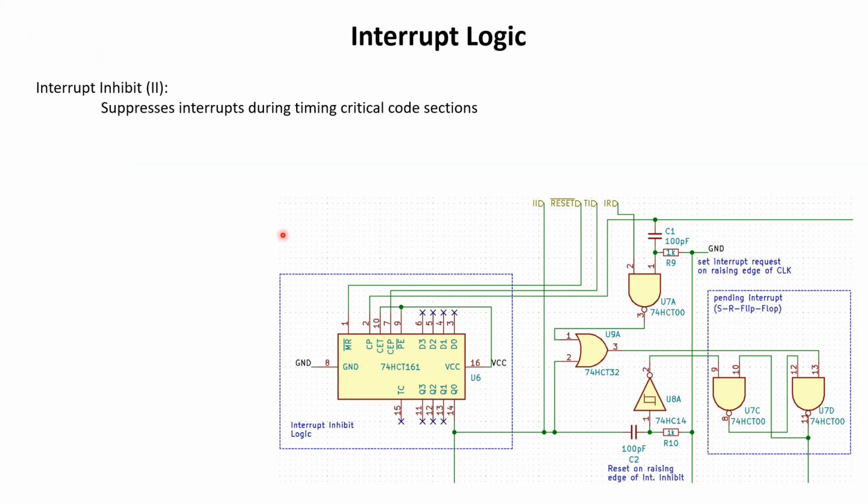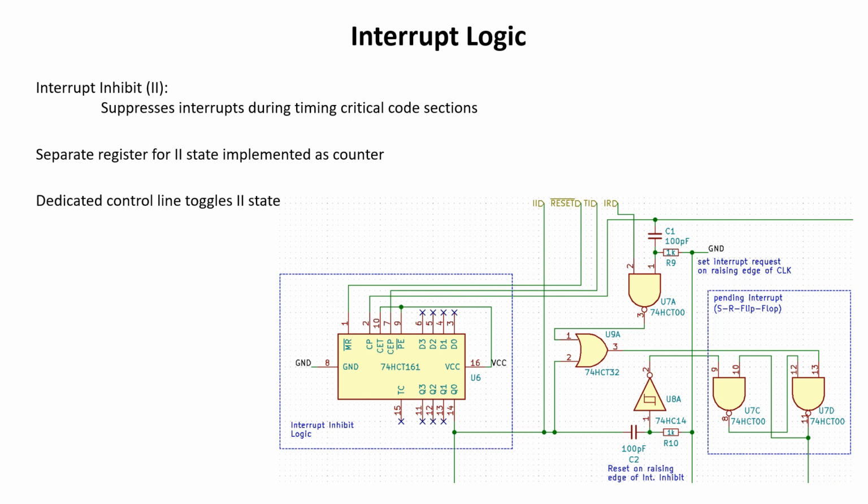The interrupt inhibit logic is meant to prevent the program from being interrupted during timing critical sections like writing to the LCD display or reading from the SD card, and is implemented as a separate register that is just a counter chip, and there is a dedicated control line to toggle between the set and reset state of that interrupt inhibit bit, using just a single control line.